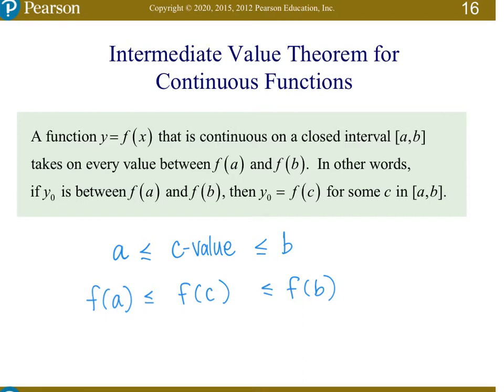And moreover, you're guaranteed every y value you could possibly find between those two values would be traced back to a c value that was originally in the interval. So it actually is really helpful to work ourselves backwards.